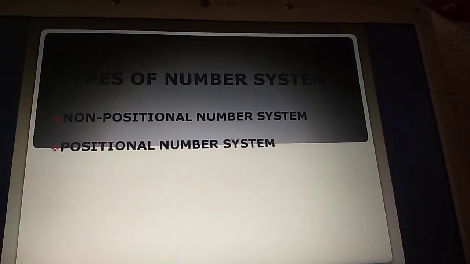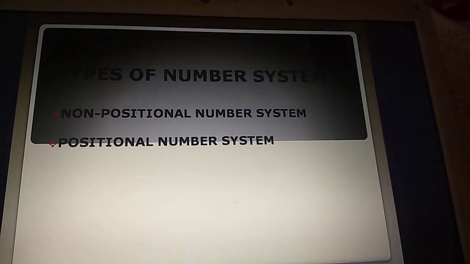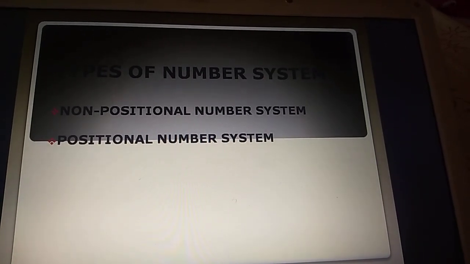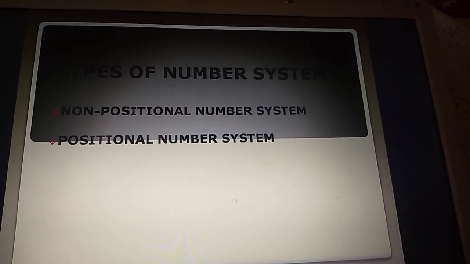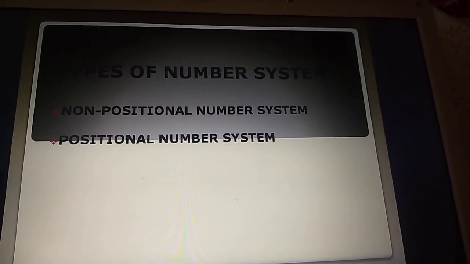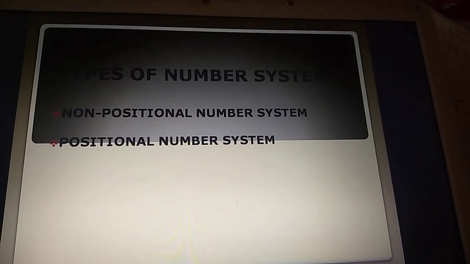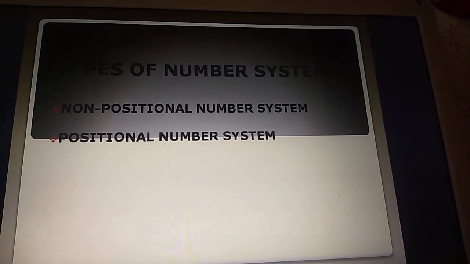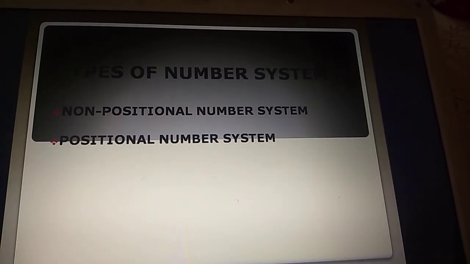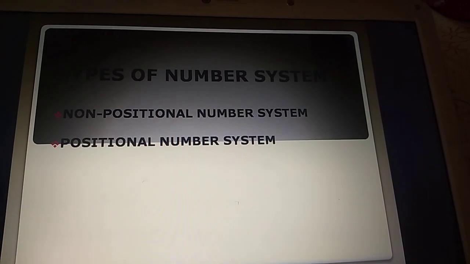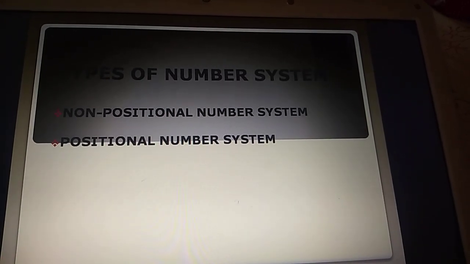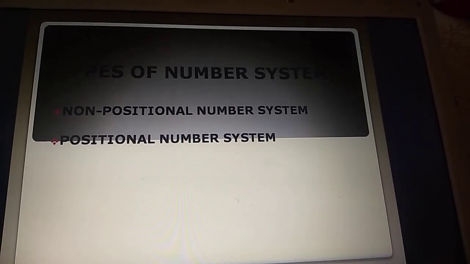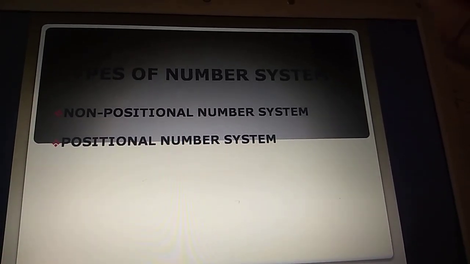After this there is the second number system, that is positional number system. In this positional number system, a number is represented within a sequence of different digits, and every digit in this number has its position, and these positions have been assigned a place value which can be tens, hundreds, thousands and 10,000, and so on.